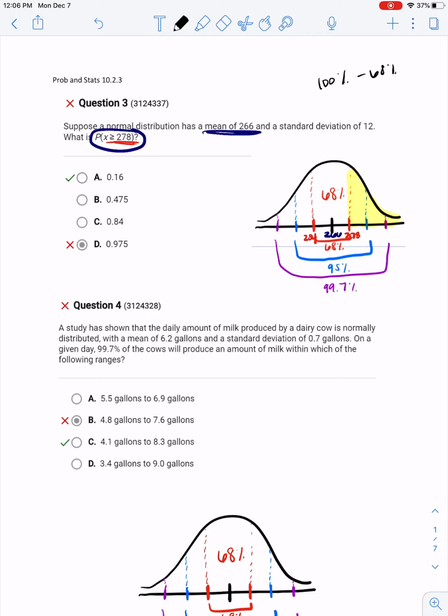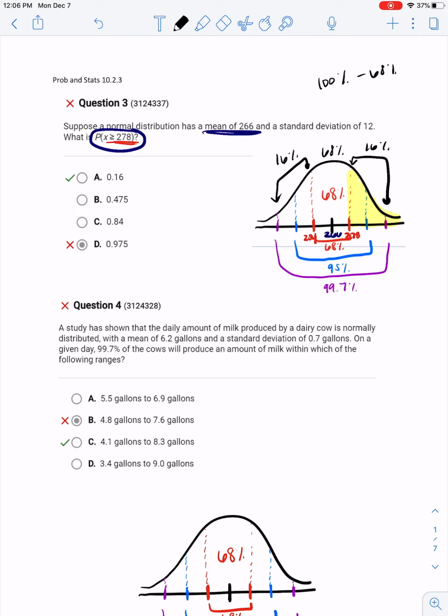So all the rest of this, from here to here, all of that data plus all of this data is 32% together. So if I do 32% divided by 2, this is about 16%, and this is about 16%, okay?